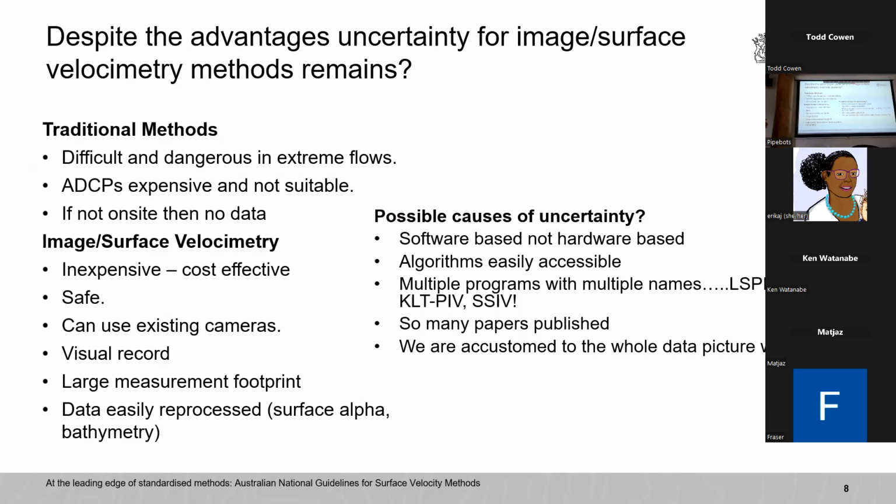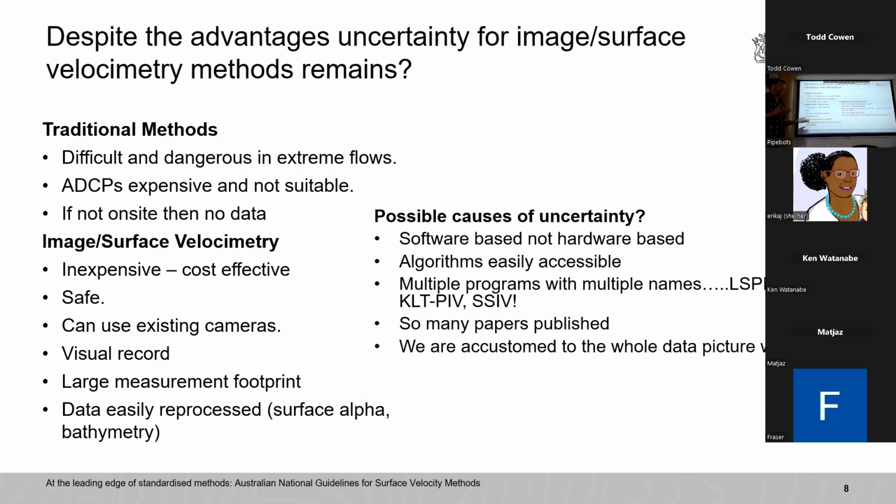So what are the possible causes of uncertainty and confusion that I generally hear? Well, it's a software-based method for a start. There are a lot of software programs out there, and it's very easy to put image analysis algorithms together. Along with a lot of programs, a lot of papers are being written, and the naming can be quite confusing to people.